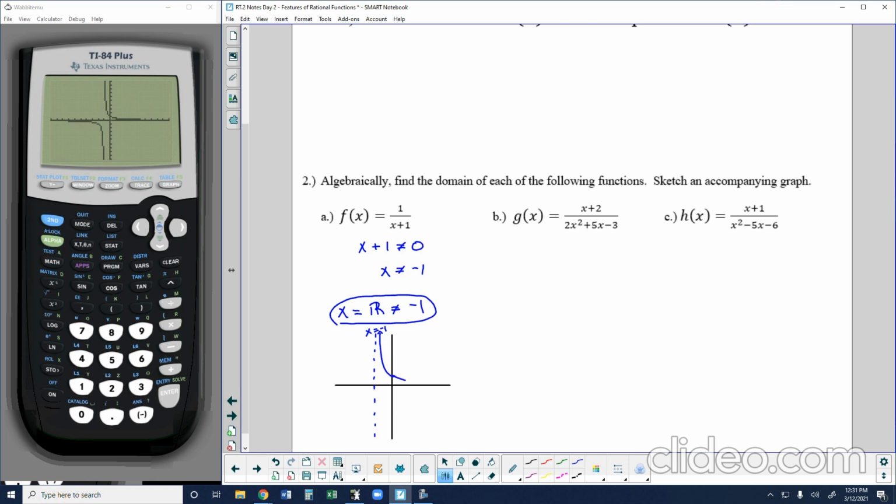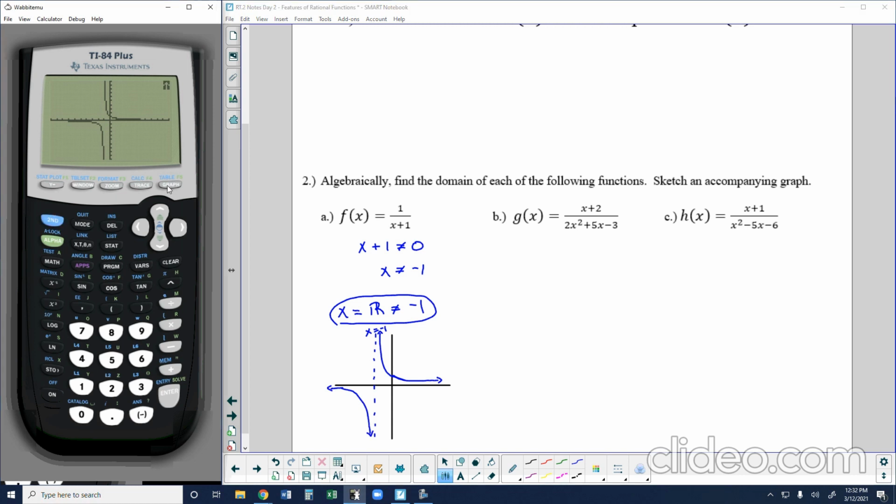And actually there's a horizontal asymptote, which we'll speak about more as we progress through these notes. So it'll approach the x-axis but never cross the x-axis. We can see the same thing down over the left, where it's going to approach x equals negative 1, but this time going to negative infinity on the y-axis, and then it'll approach the x-axis.